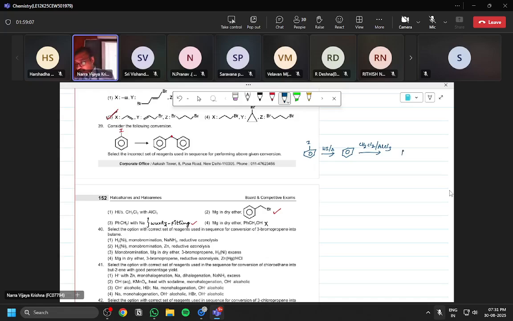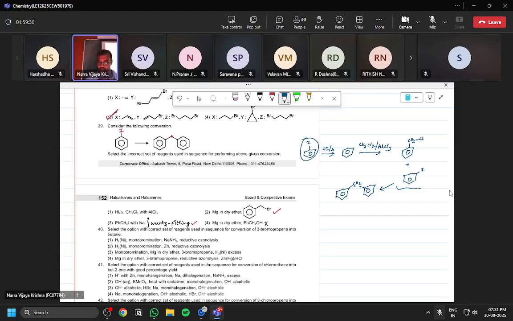So on the benzene ring, you will get CH2Cl, Friedel-Crafts alkylation. Now this can react with iodobenzene again. This and this reactant can react now. Then can I get the given product or not? So what should be the answer?